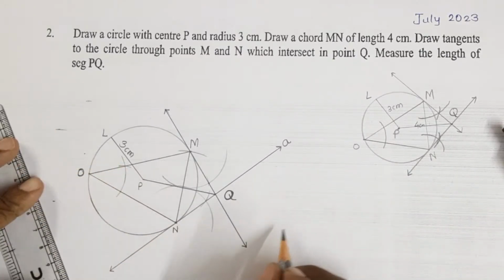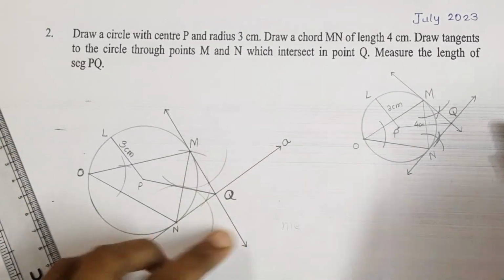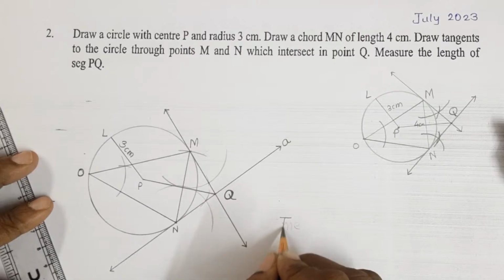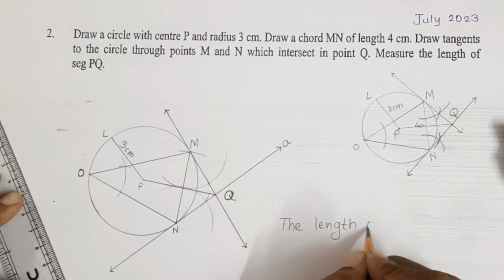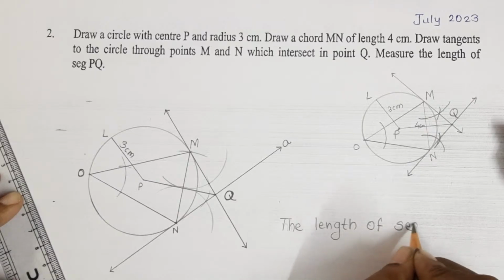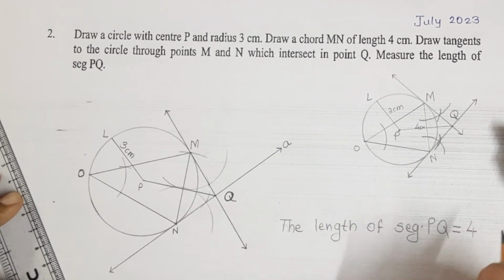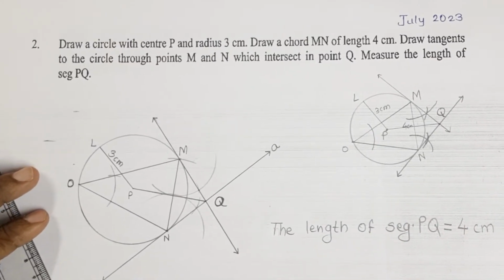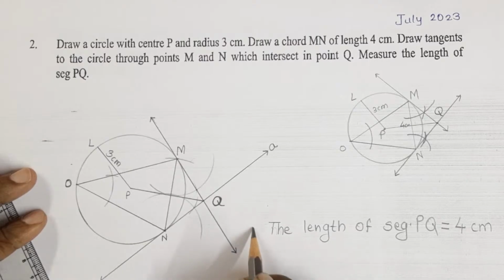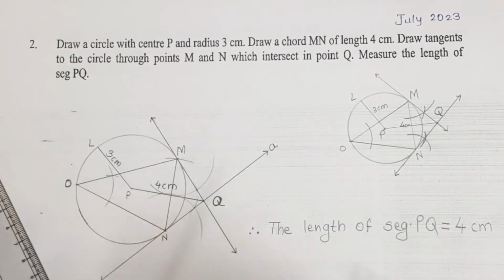So here I write down: measure the length of segment PQ is equal to 4 centimeter. I mention here also 4 centimeter.